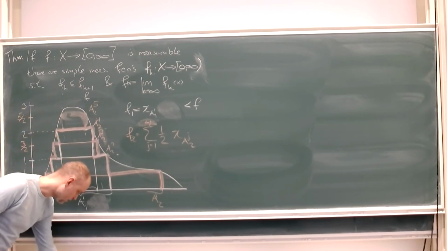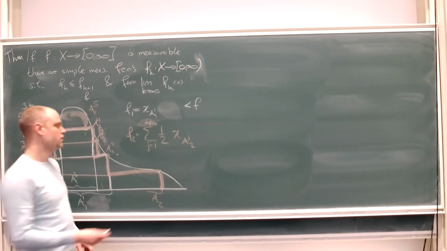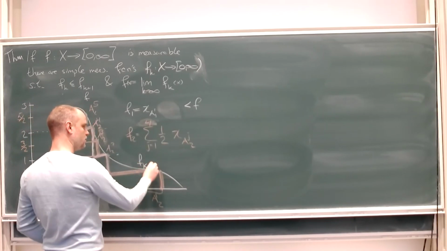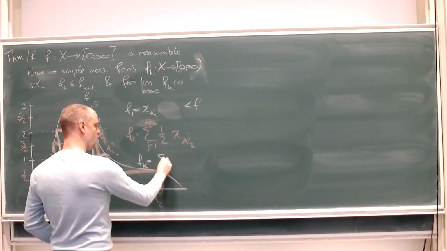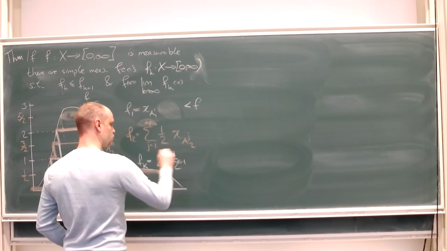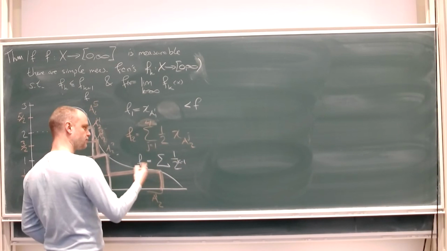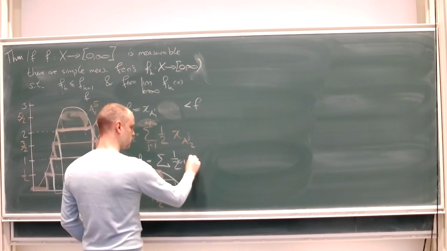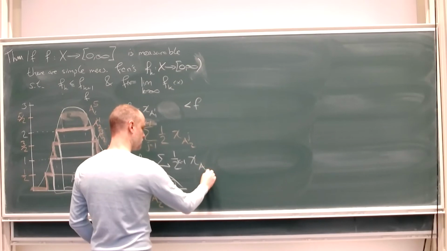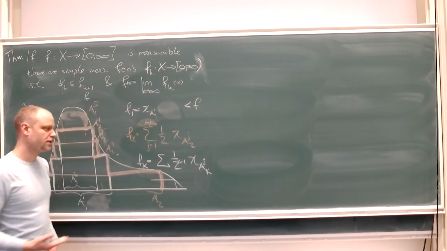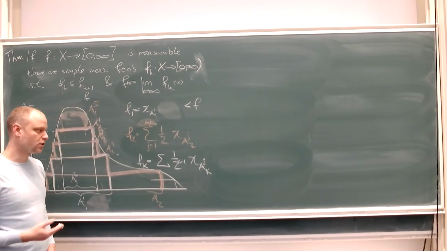So then we get the general formula. Here would be f_k equal to a sum of 1 over 2 to the power of k minus 1. Every time I make it finer, I divide by 2, so this is the level 3 and so on. Now the question is, how high should we go?